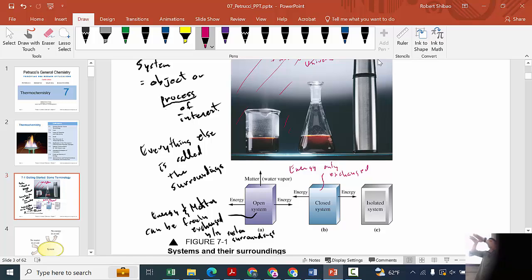The hot object cools down and the cold object warms up until they reach thermal equilibrium, until they're at the same average kinetic energy, because temperature is a measure of the average kinetic energy. And so in the isolated system, nothing is exchanged.